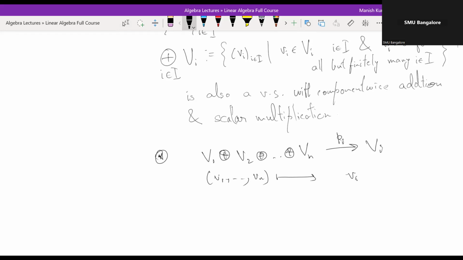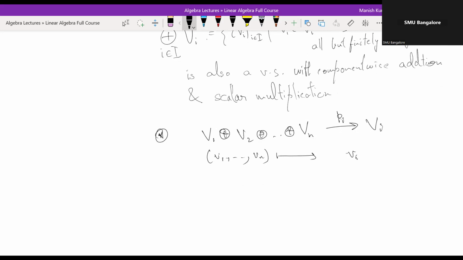But I haven't talked about linear maps yet. So anyway, let me define this map, and this is called the projection map. We'll see that this is a linear map of vector spaces once I define linear map. And there are maps in the other direction as well.